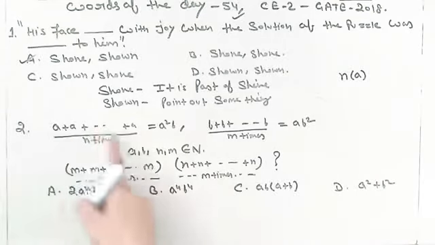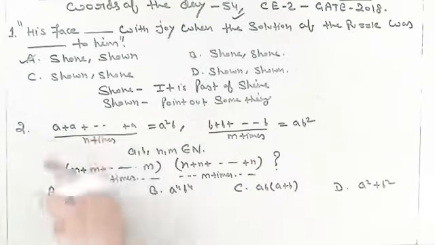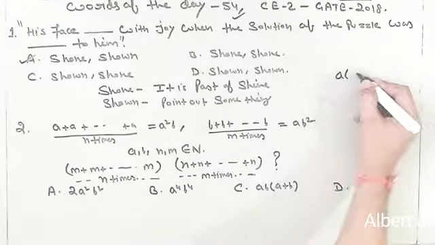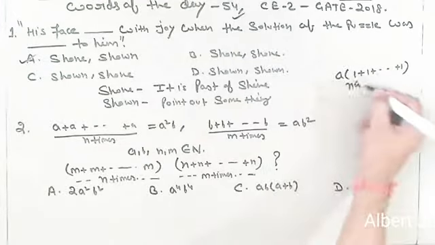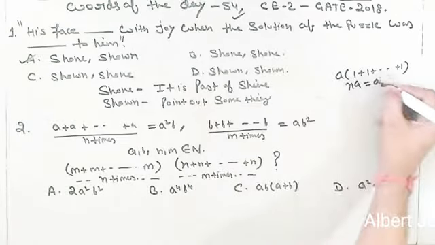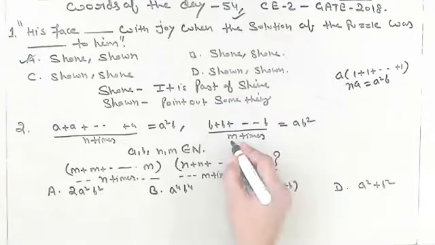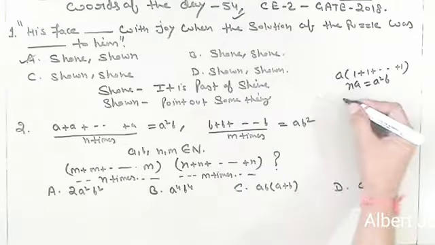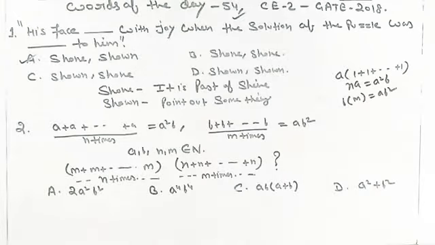You add n times, a plus a, you take a common, then you get 1 plus up to 1, how many times, n times, so n into a is equal to a square b. Now same thing here, b added m times, then b into m is equal to a b square. This is the second answer.